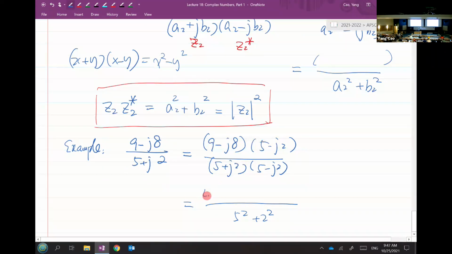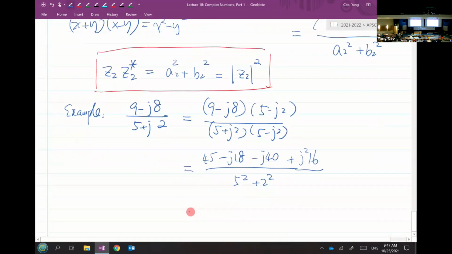So 9 times 5, 45. 9 times negative j2, so negative j18. j8 times 5, j40. Negative j8 times negative j2, so plus j squared 16. Further simplifying, j squared is negative 1, so you get 45 minus 16, that's 29.